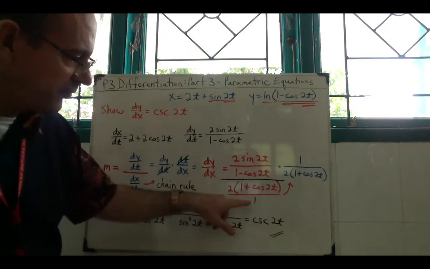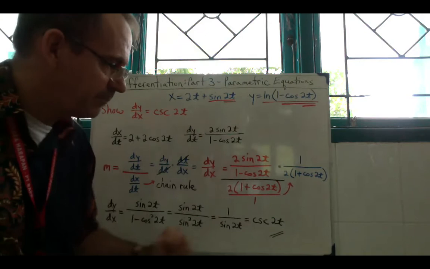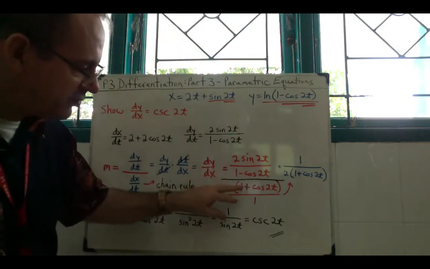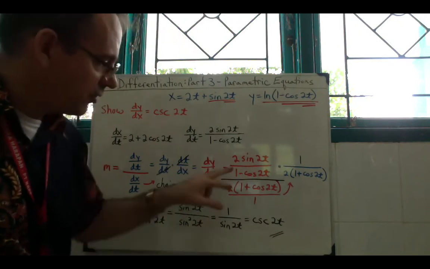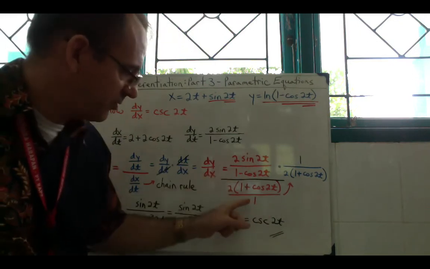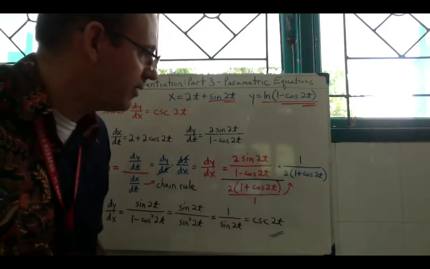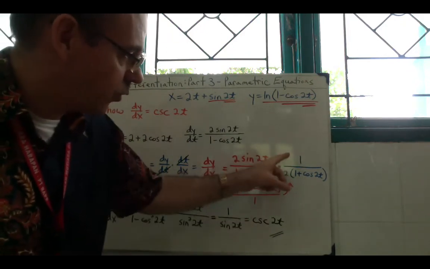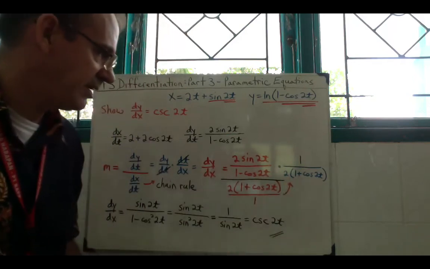Notice I made another fraction and put it over 1, because this is a complex fraction and we need to invert the denominator. To invert it, it helps to make it a fraction over 1. That way when you flip it over and multiply, you get 1 over the 2 times 1 plus cosine 2t.